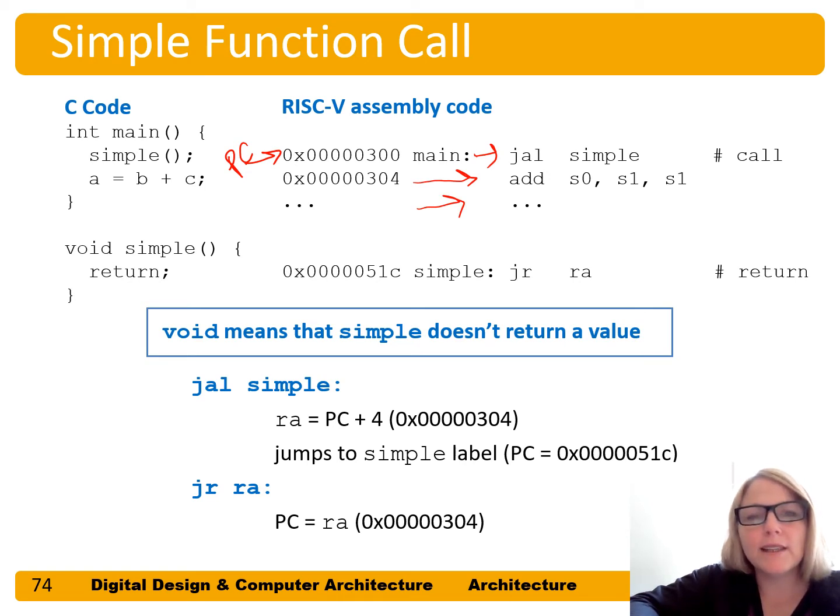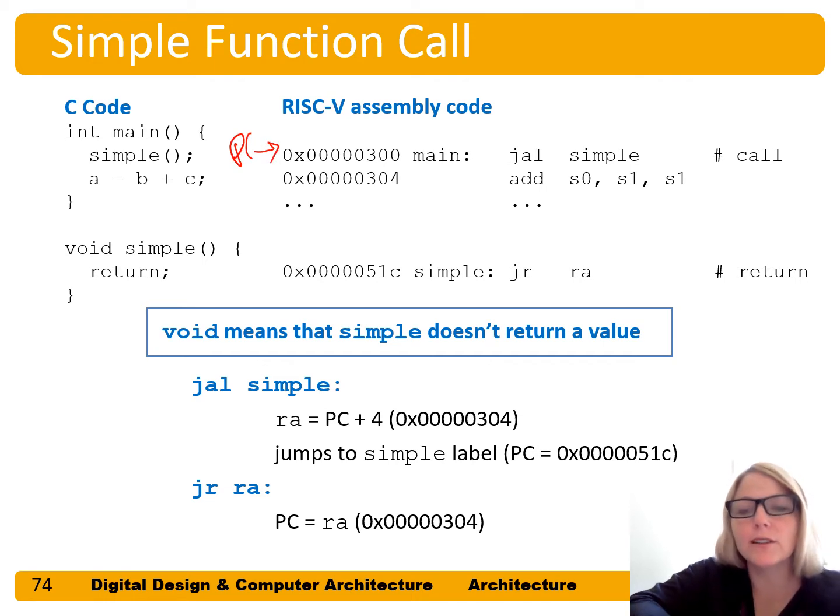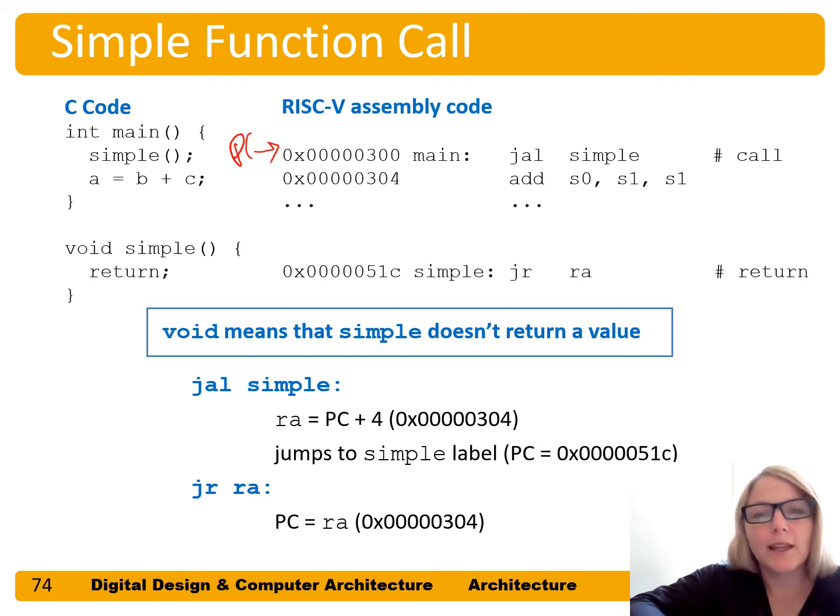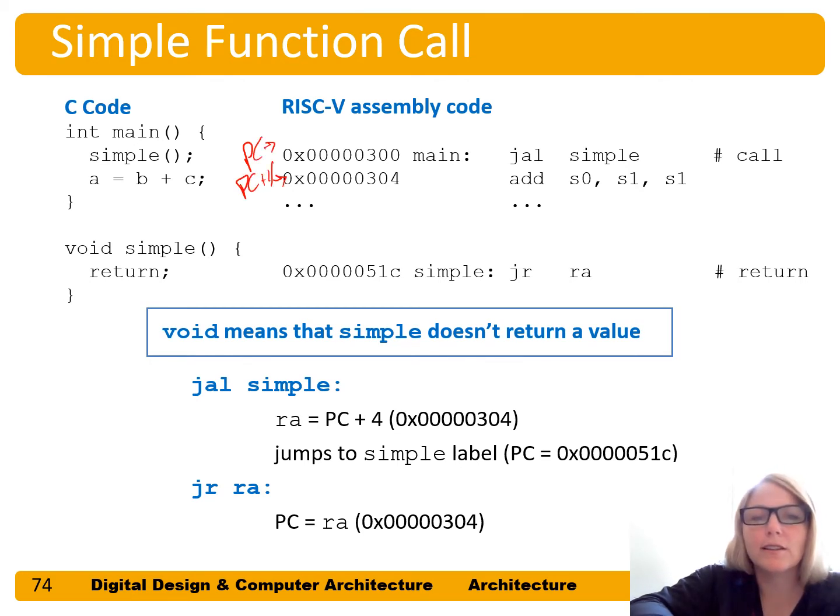And so this program counter tells us which instruction is currently executing. In this case, PC is equal to hex 300 when the jump and link instruction is executing. So PC+4, if we add 4 to it, is the next instruction at 304.